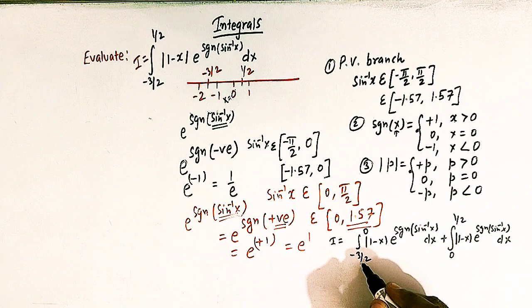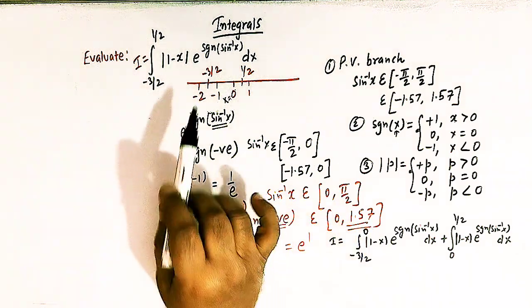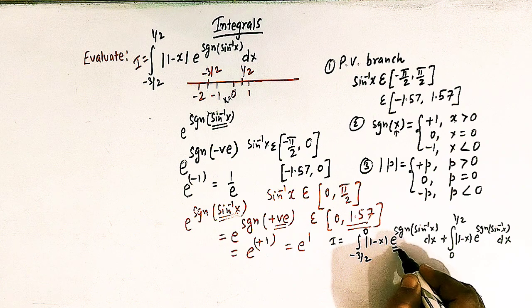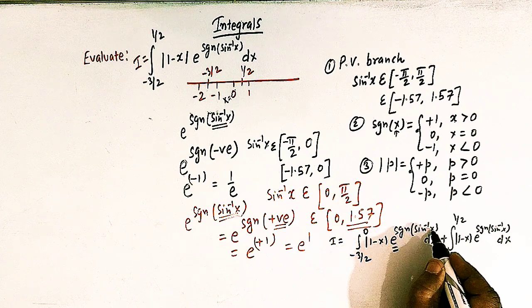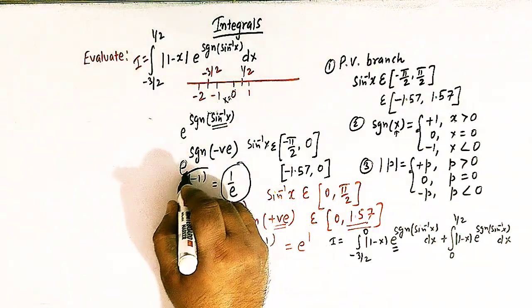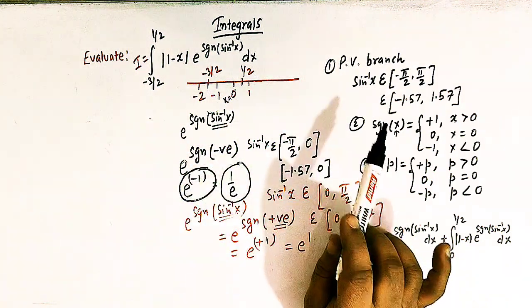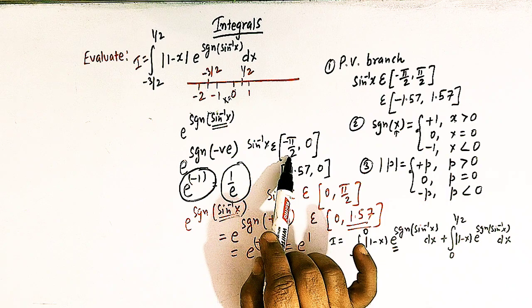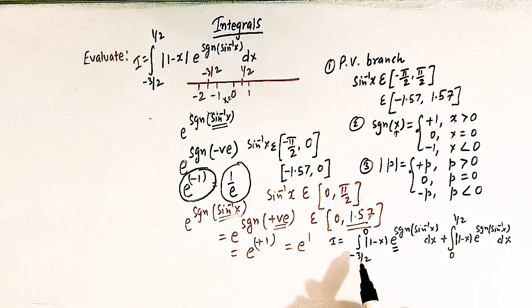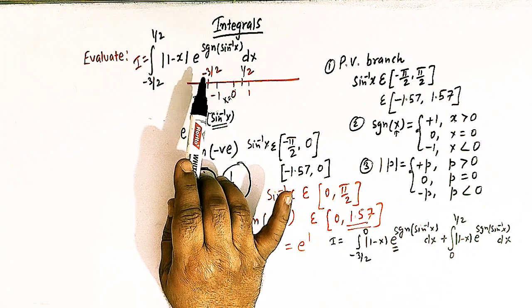So now in the first integral, the limits of integration vary from minus 3 by 2 to 0. And this term, e raised to signum of sine inverse x, is equal to 1 over e, that is e raised to minus 1. Because sine inverse x goes from minus pi by 2 to 0, since minus pi by 2 is minus 1.57 and here we have minus 3 by 2, that is minus 1.5.